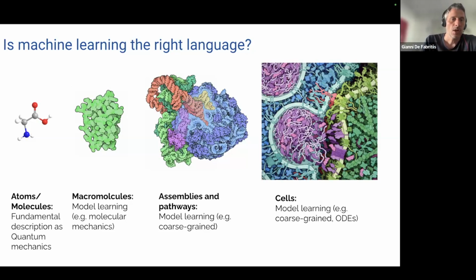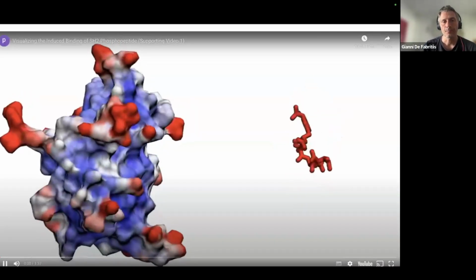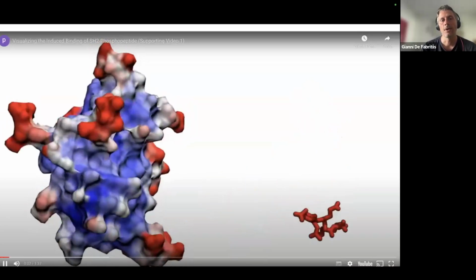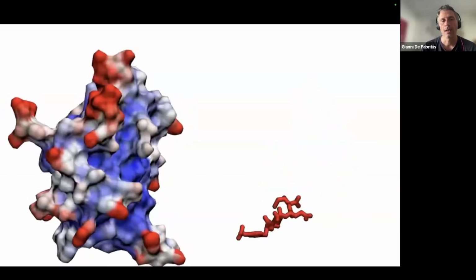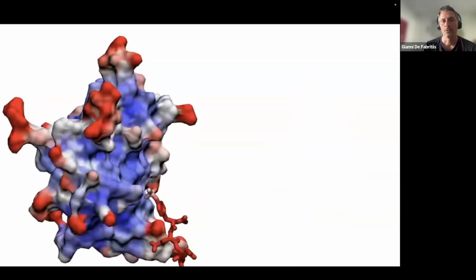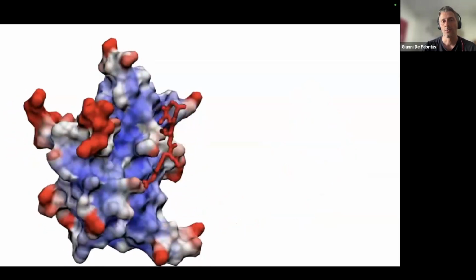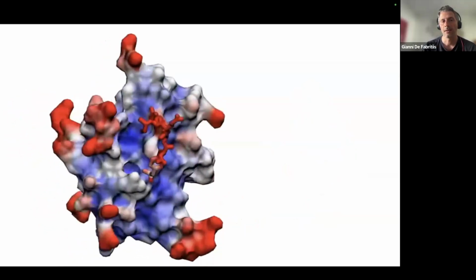So what is molecular simulation? Well, you can take atoms and put them in space, approximated as point particles, and run them. Then you can explore phenomena like this one, where you have an SH2 domain which is attached to a peptide.